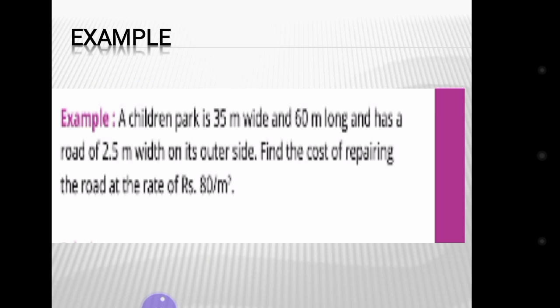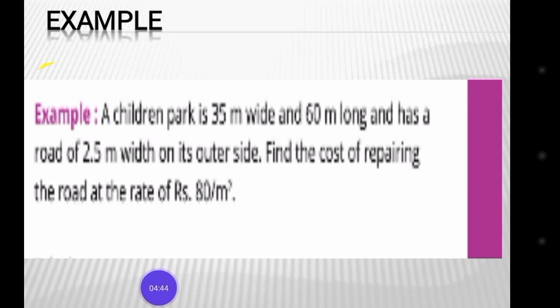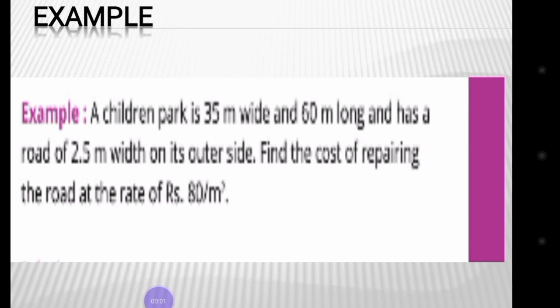Now we solve some examples. A children's park is 35 meters wide and 60 meters long and has a road of 2.5 meters width on its outer side. Find the cost of repairing the road at the rate of rupees 80 per square meter.